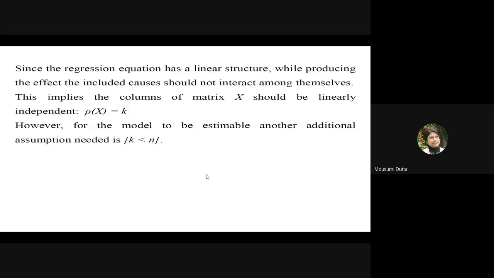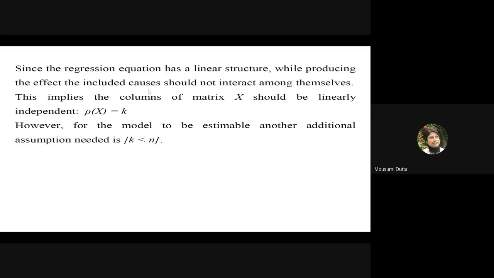So let's have a look at the assumption. Since the regression equation has a linear structure, while producing the effect, the included causes, meaning the included explanatory variables, should not interact among themselves.